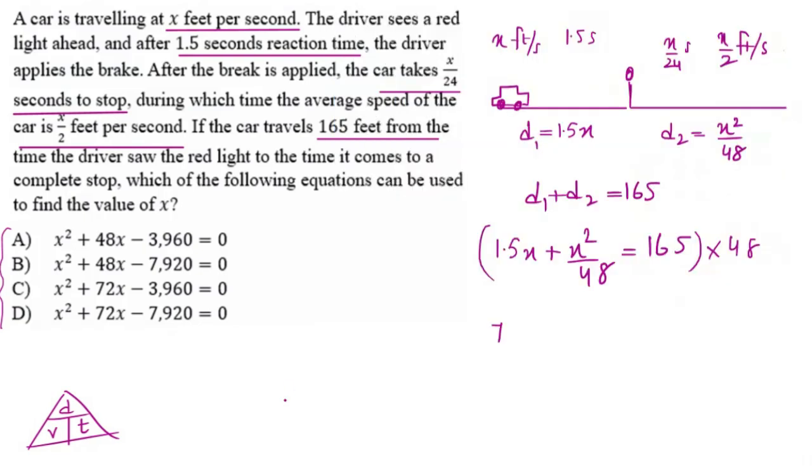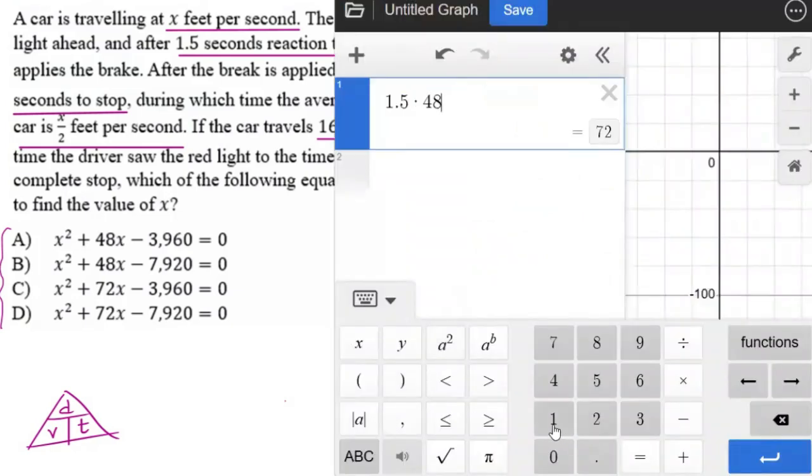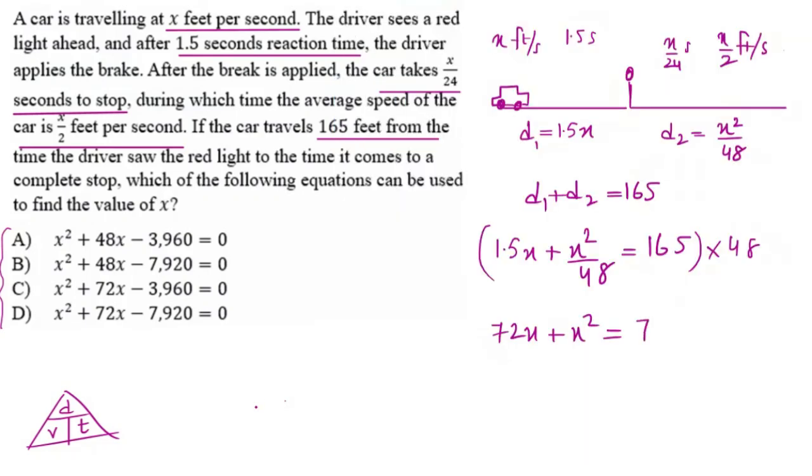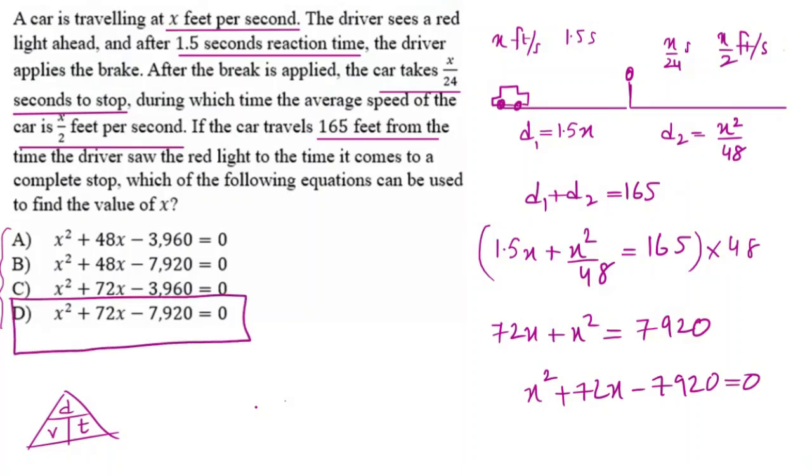That's going to be 72x plus x squared equals, let's get 165 times 48, which is 7920. Well, I think we've got the answer: x squared plus 72x minus 7920. So I've got my equation. So which one do you think is the correct answer? D is the correct answer.